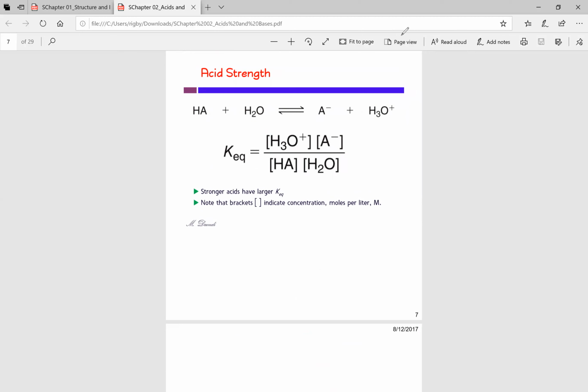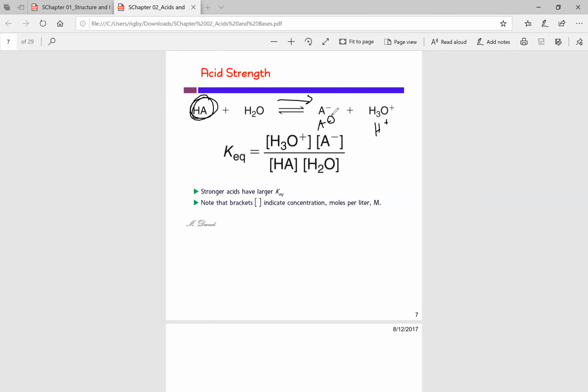Essentially, it's telling us how much more product there is, how many more hydronium ions there are over our initial acid and our initial base. And so a larger KEQ indicates that this acid is going to dissociate more into its H plus and A- parts. And so that's what a strong acid is.